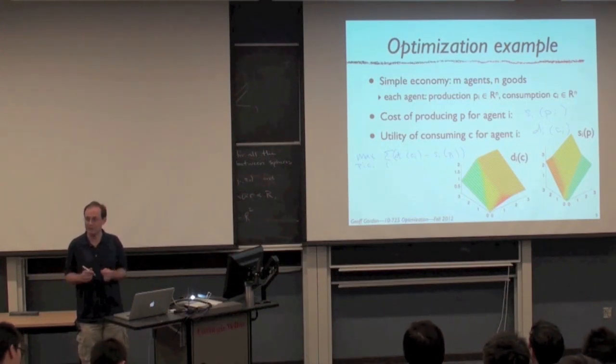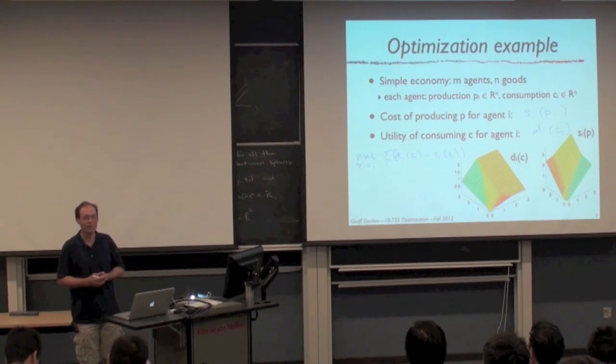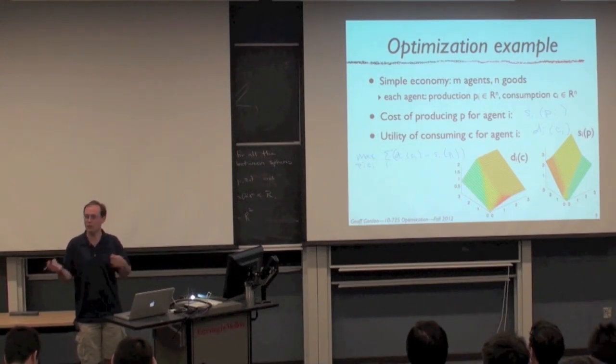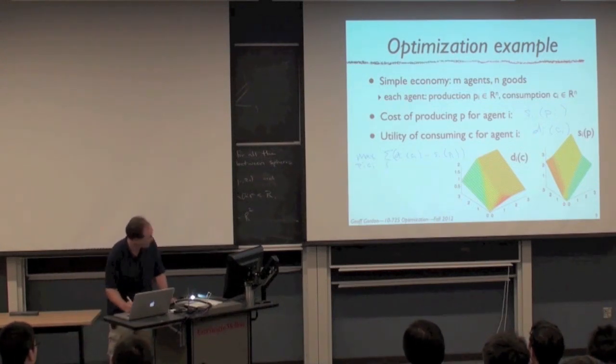Maximize the happiness, the sum of happiness over all agents. It's a very democratic objective. We don't favor one agent over another.